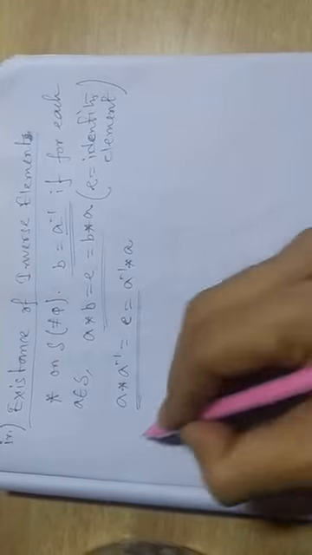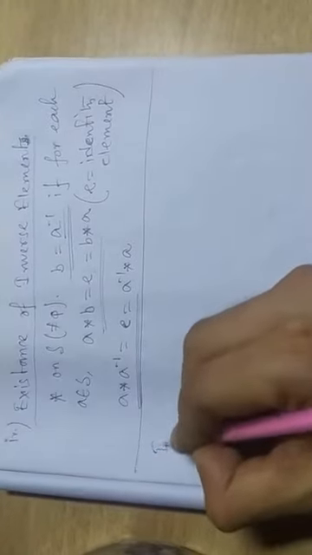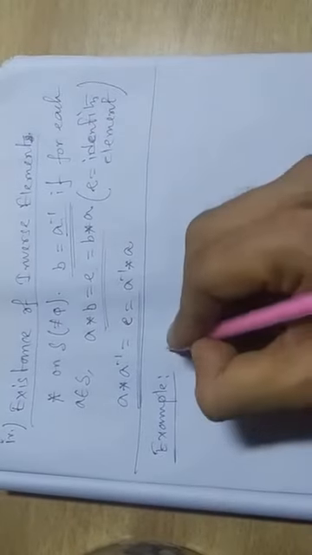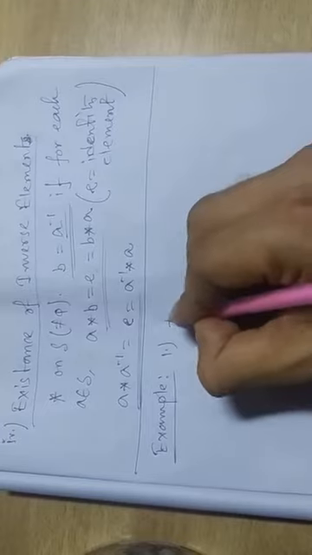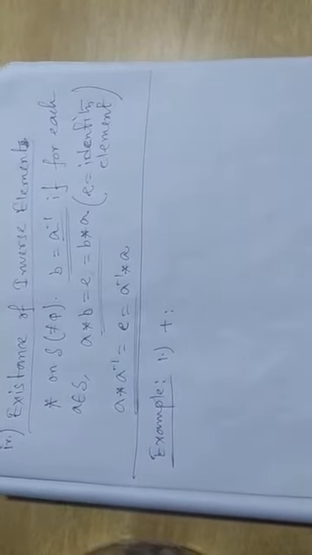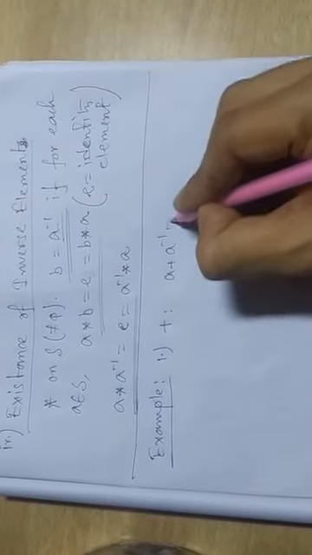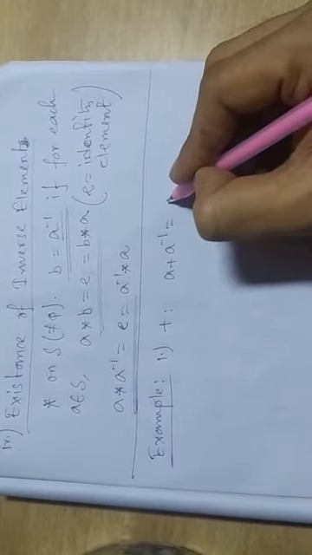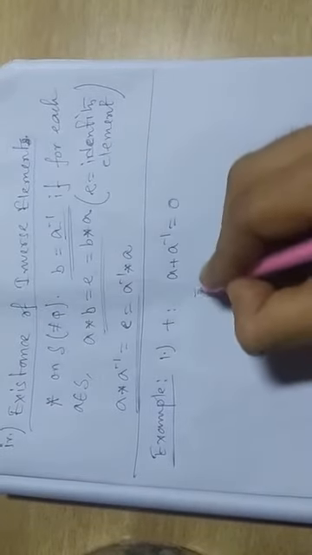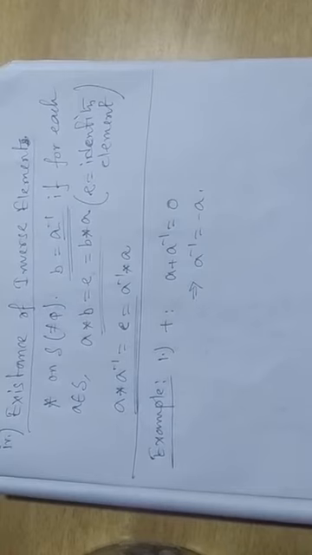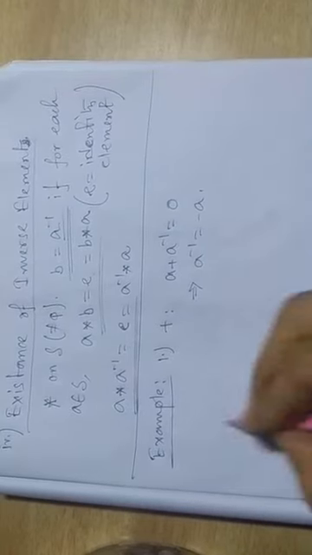Okay, so now come to some examples. Suppose again we are considering addition. So suppose we are writing that A plus A inverse equals, what is the identity element in case of addition? It is 0. So we can clearly say that A inverse means here minus A. So additive inverse means the negative of the element.